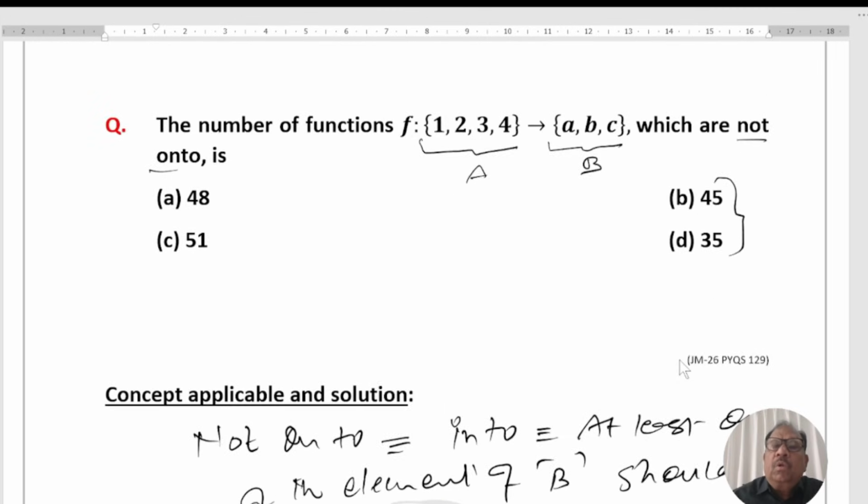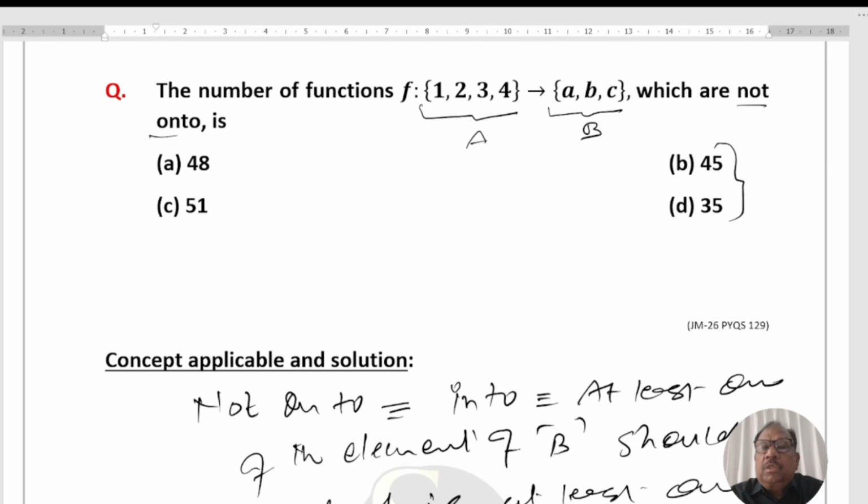Right, now in this case this is given to 1 2 3 4, A में एलिमेंट्स कितने हो गए 4, B में हो गए 3.